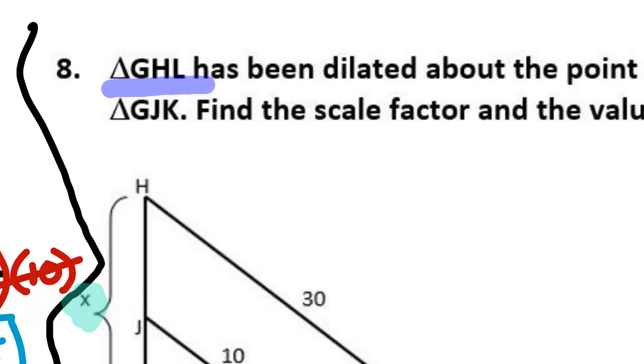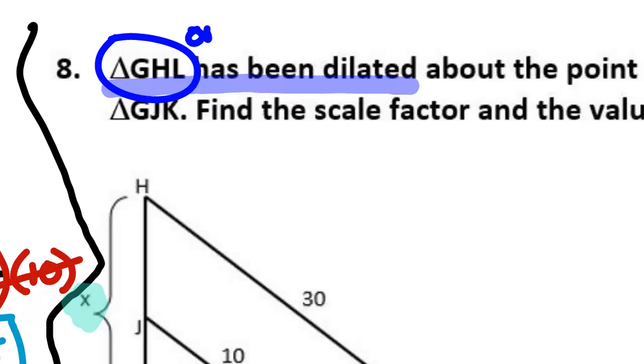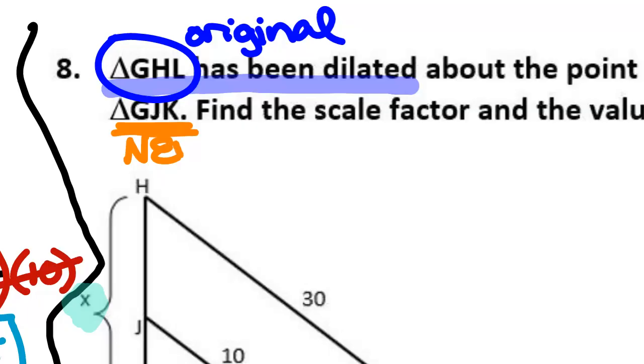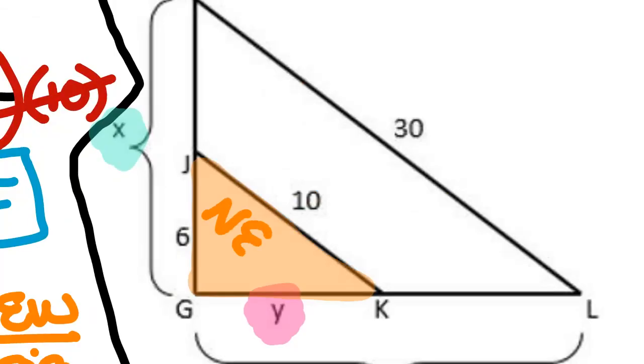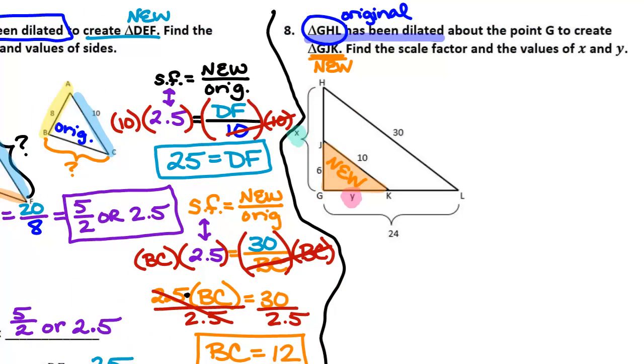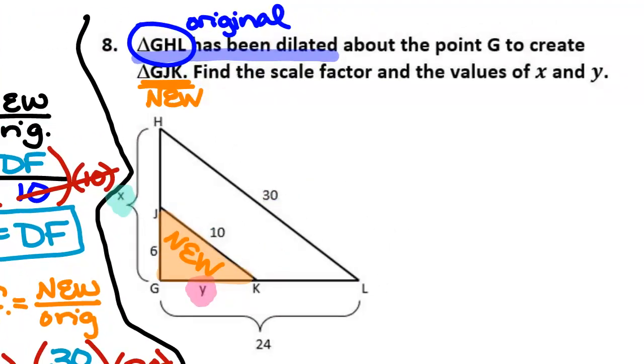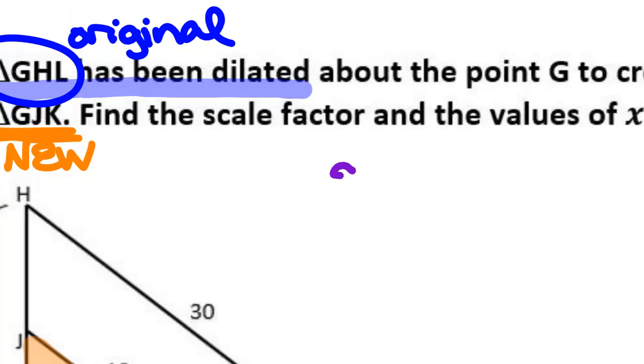So GHL is my original. And GJK is my new. So GJK, this one right here is the new one. All right, so let's do scale factor first.